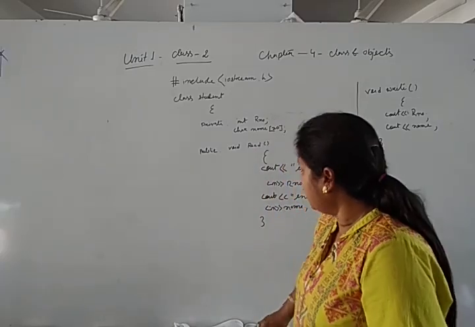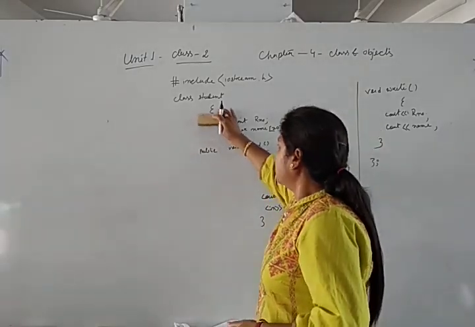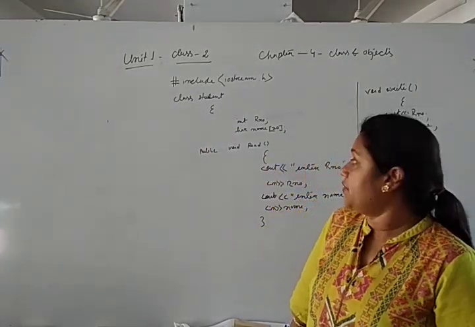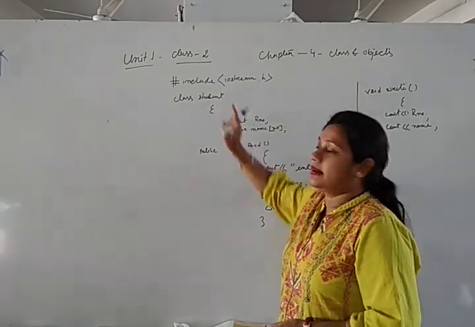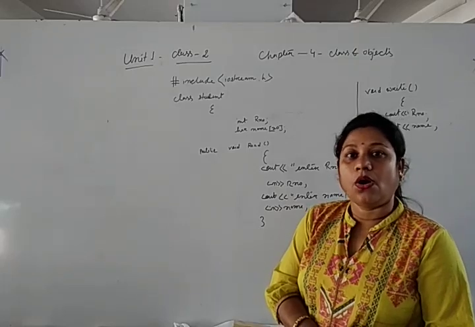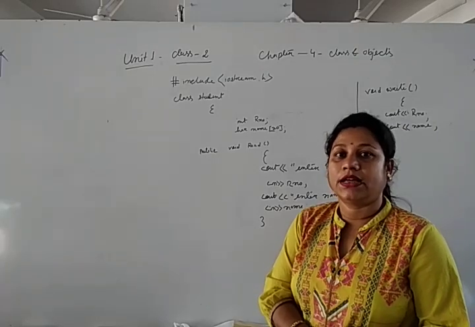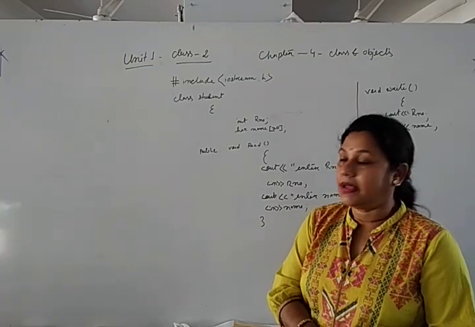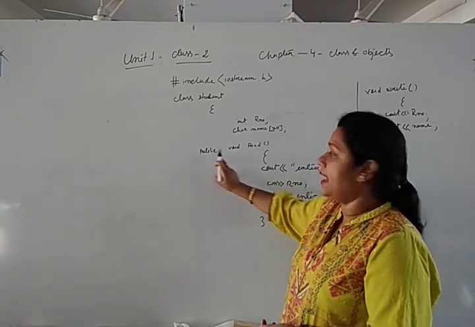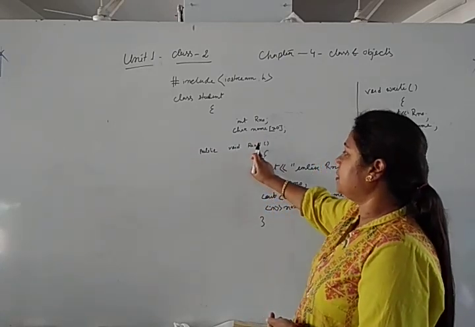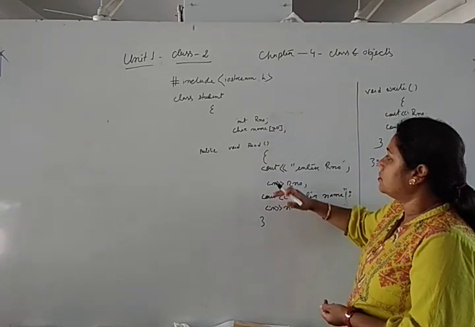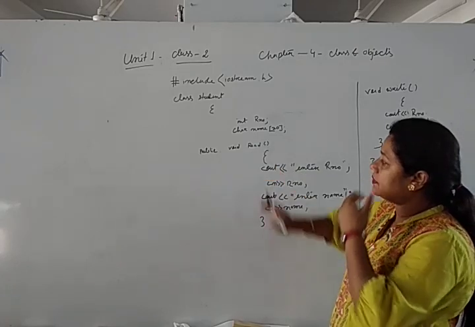So if I do not use the word private here, the compiler will treat these data members of the class student as private. After that, in the public level, I declare one member function, read, and immediately after the declaration I give the definition. So what is the purpose of using the read function?